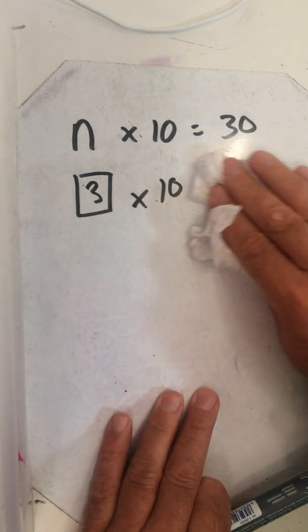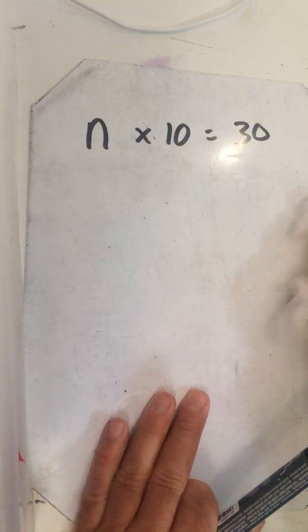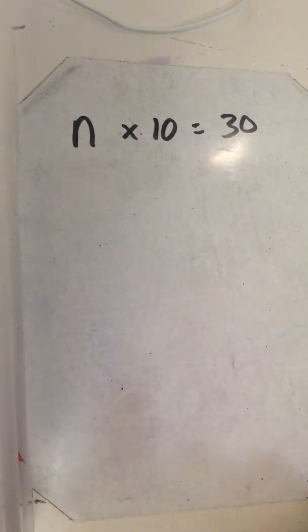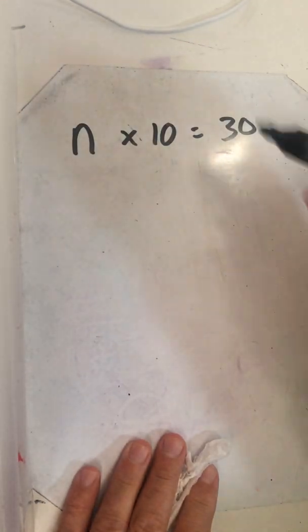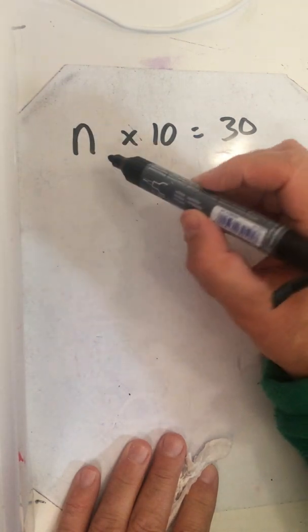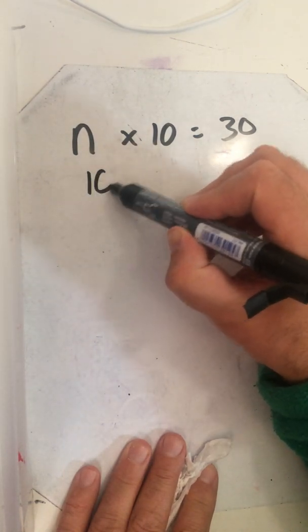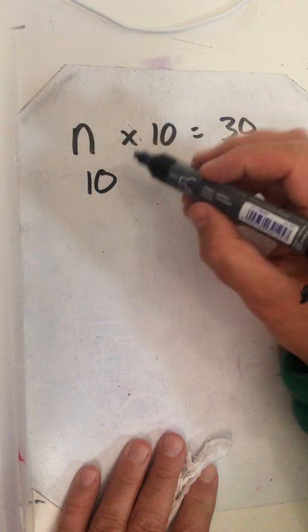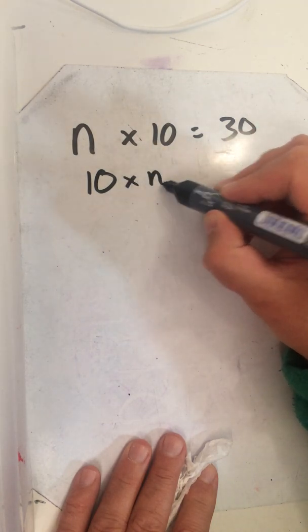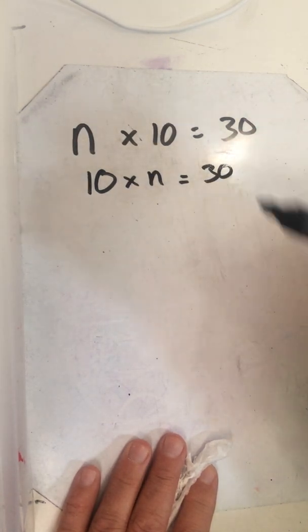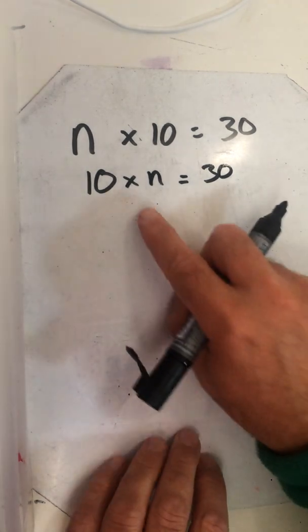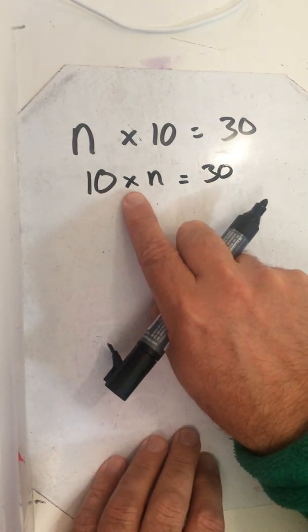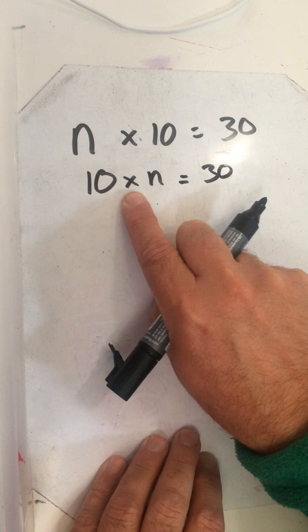Right. Now, when we come to writing an algebraic expression, we wouldn't write it like this. We always put the number first. So it would be 10 times n equals 30. We swap it around like that first of all. And in algebra you never see a times sign. It's an invisible times sign.